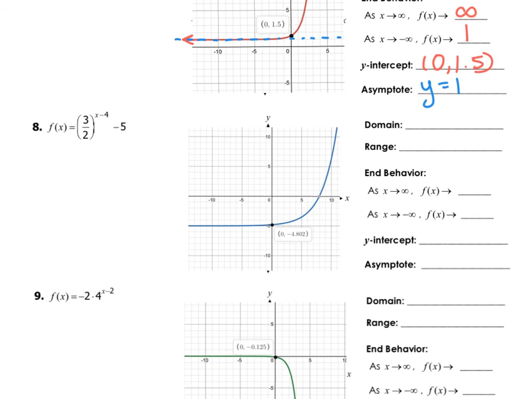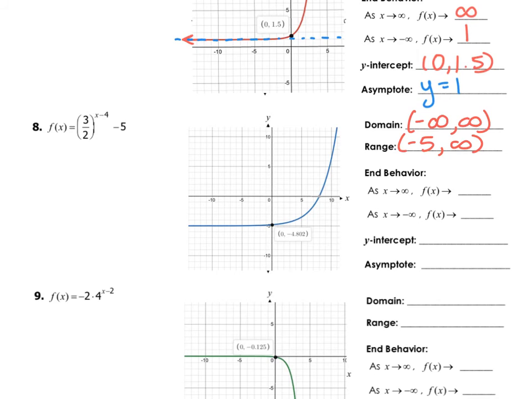Now for this next example, I hope that you have noticed a pattern in the domain as negative infinity to positive infinity. The range for this one is going to be, see how the graph is approaching -5? So the lowest y we can ever get is -5, but then the graph grows infinitely toward infinity.